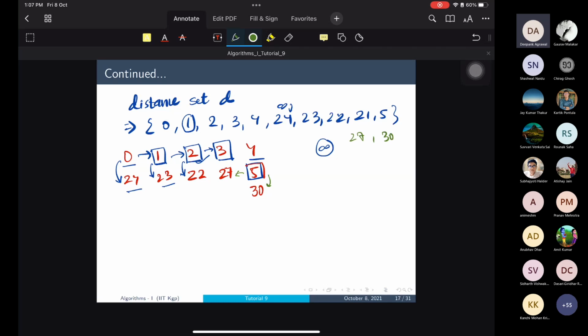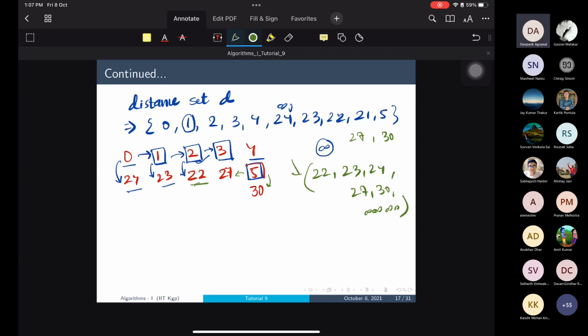Which will be the next node we visit? It is 22, because in the distance set we have 22, 23, 24, 27, 30, and the others are infinity.